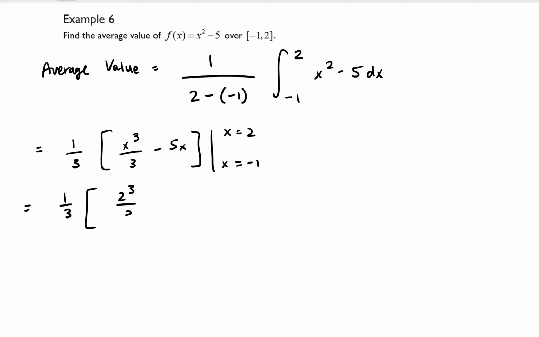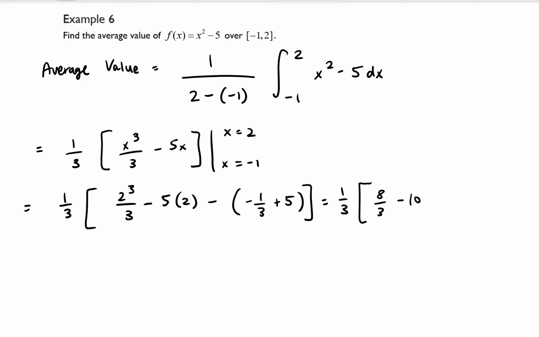So that'll be 2 cubed over 3 minus 5 times 2, minus -1/3 plus 5. So that's going to be 1/3 times the quantity 8/3 minus 10 plus 1/3 minus 5.